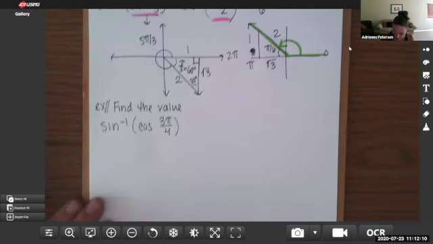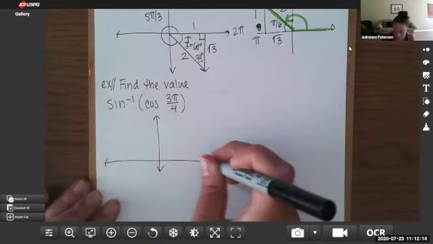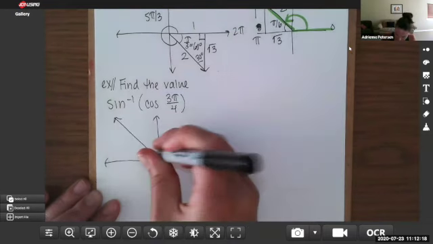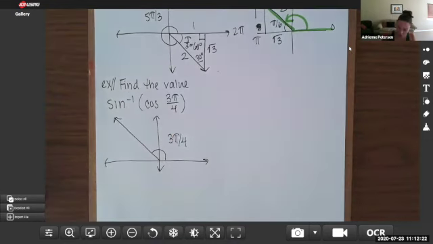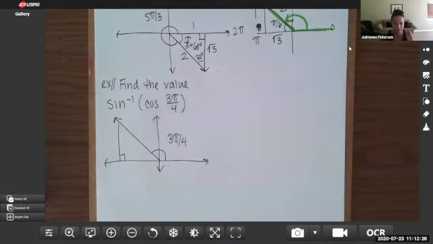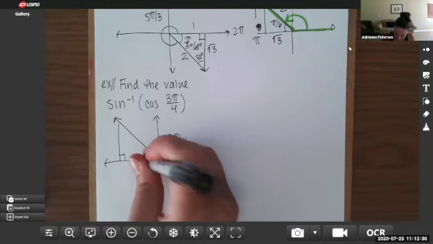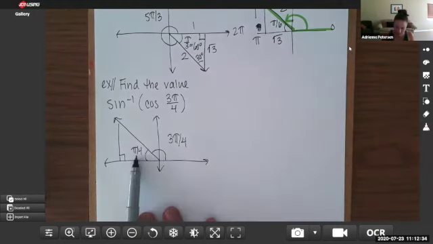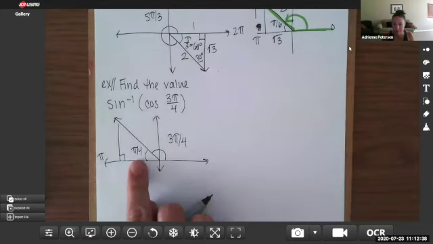So let's draw a picture. 3/4 of the way to pi is right here. Drop a perpendicular to the x-axis, forming a triangle. If this is 3 pi over 4, that means that this angle is 1 pi over 4, right? 3/4 plus 1/4 gives us 1 whole pi, or pi minus 3/4 gives me 1/4.